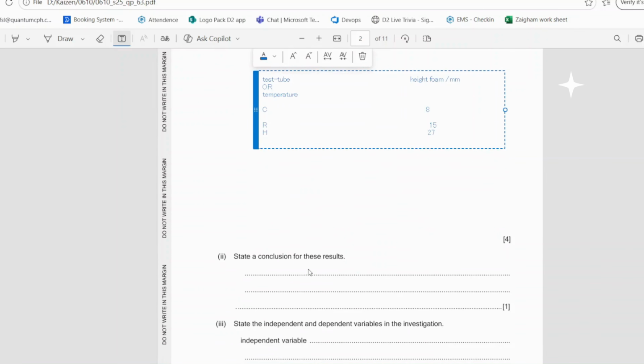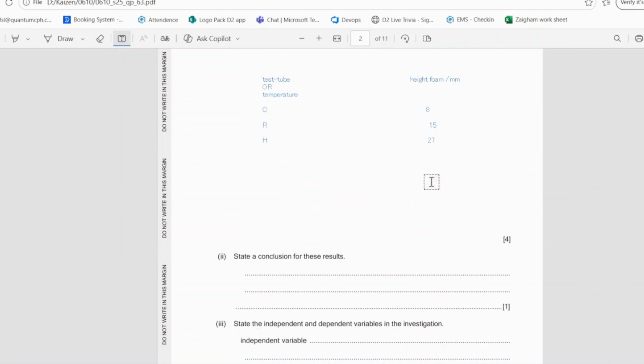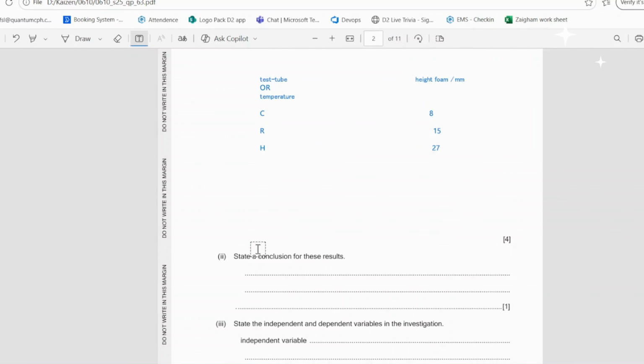Okay, the next one is state a conclusion of this result. Can we write higher the temperature?